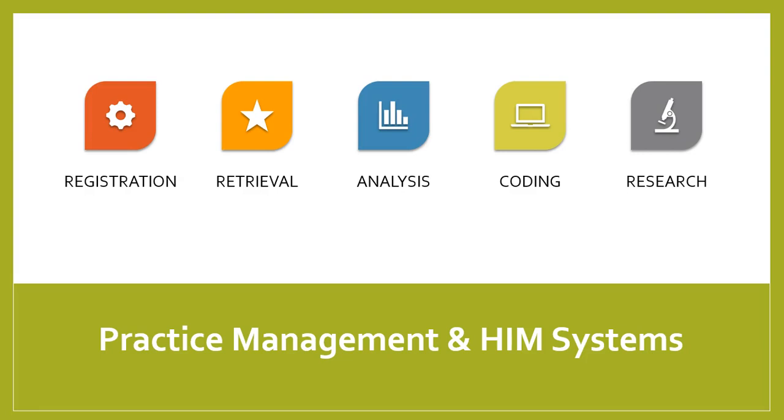Another example would be the pharmacy, the dietary area, other areas, surgery, cardiology, labor and delivery. Think about the parts of the system that is used for reporting purposes, so areas like the data warehouse. And those are just a few of the different types of practice management and HIM systems.